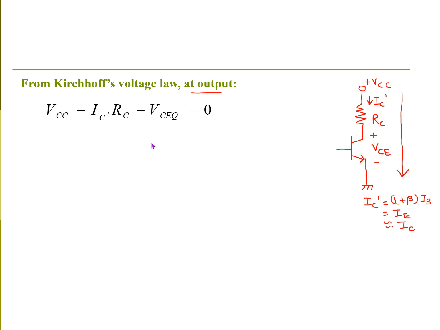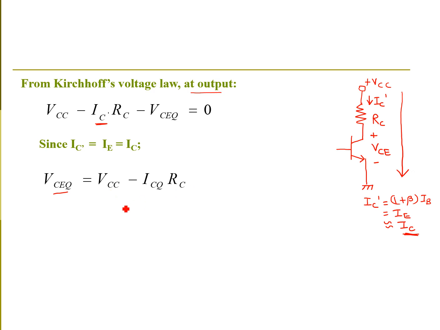Therefore, instead of IC dash, we will be substituting it as IC. Therefore, your equation for VCEQ is equal to VCC minus ICQ into RC.